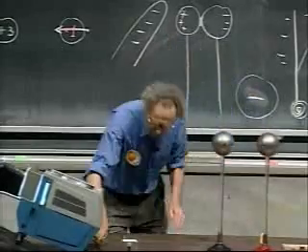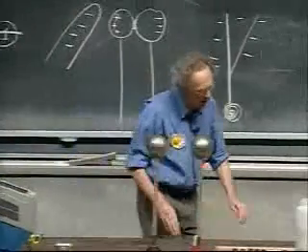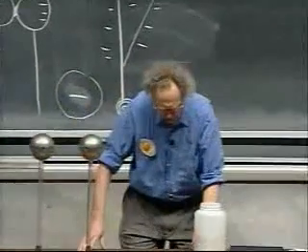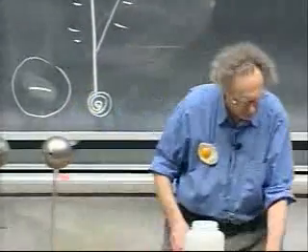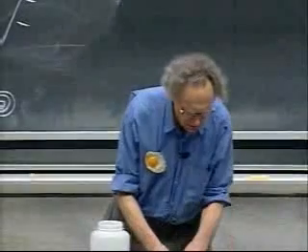So not only have I demonstrated that I created a dipole, but you've also seen that by means of induction you can demonstrate that there's a difference in polarity between the two spheres.